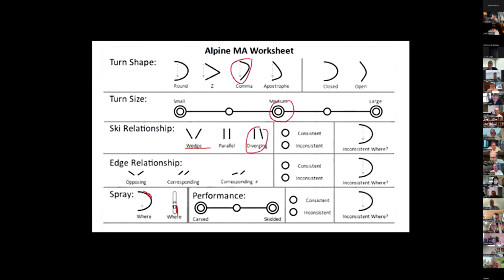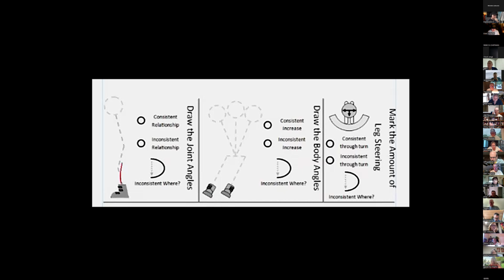So what I might see is a more vertical shin angle, a little more back, a little more up. They might be back here, and I might see that right at the top of the turn. Chances are that if I see that, I'm also going to see them banking into the turn pretty good.